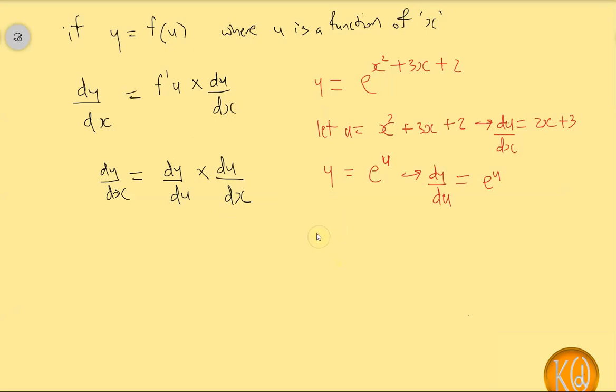So dy dx is equal to dy du, which is e to the u, multiplied by du dx, and our du dx is 2x plus 3.